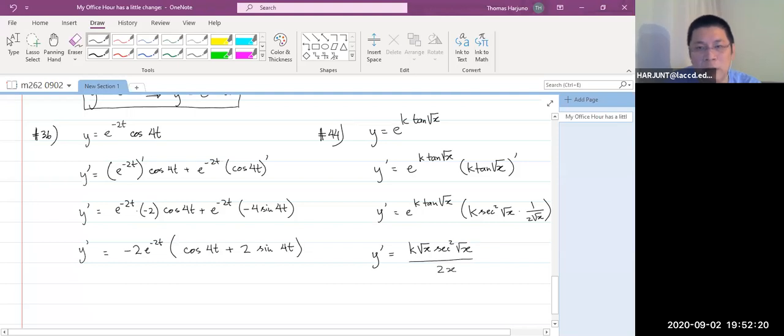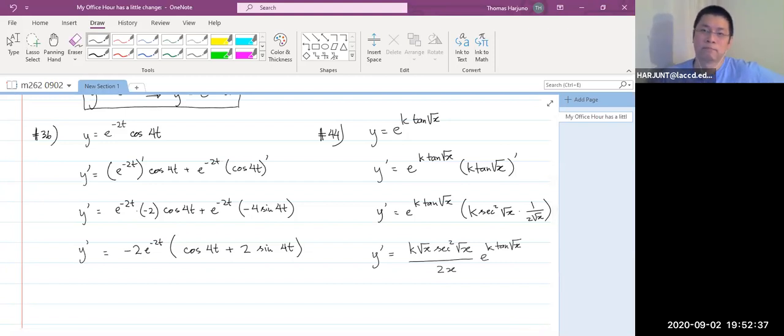I rationalize the denominator right away. Times e to the k tangent square root of x. That's for number 44.